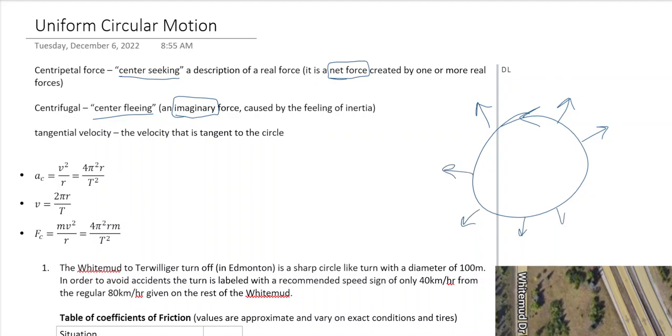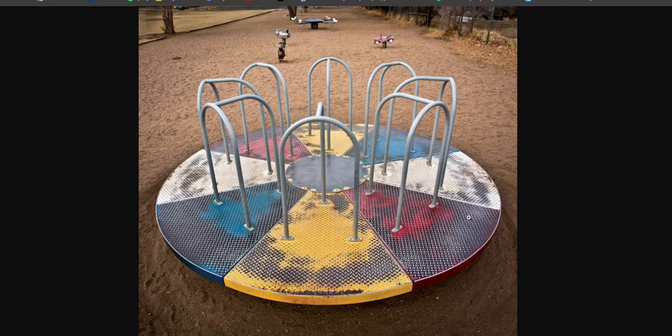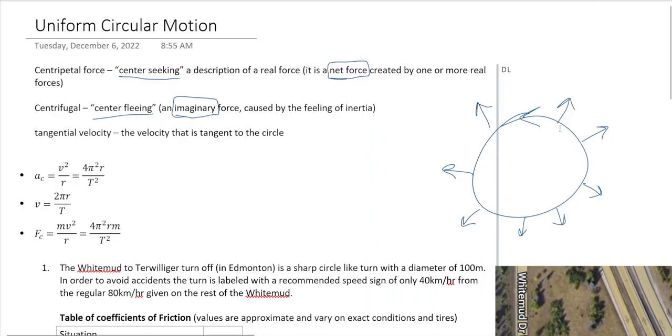It's the feeling of wanting to go the same direction that you've been going the whole time, which is the tangential velocity. But the difference is that you are going to be pushed inwards the whole time. Okay, so if you've ever been on one of these merry-go-rounds, you've probably experienced what I have, which is that you've got the feeling of getting sucked out to the sides.